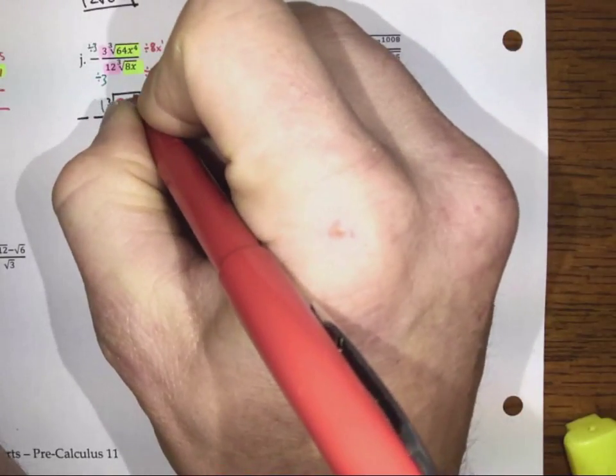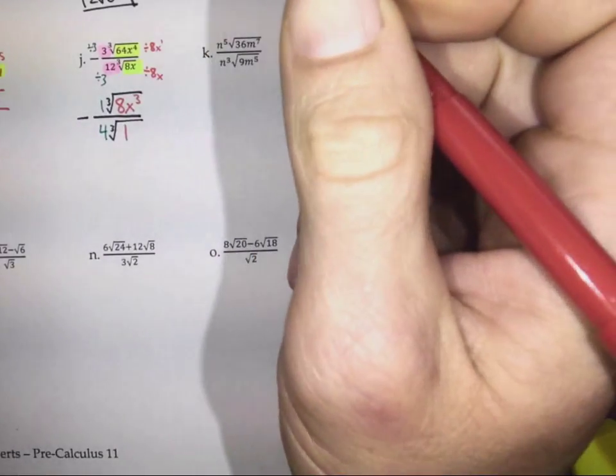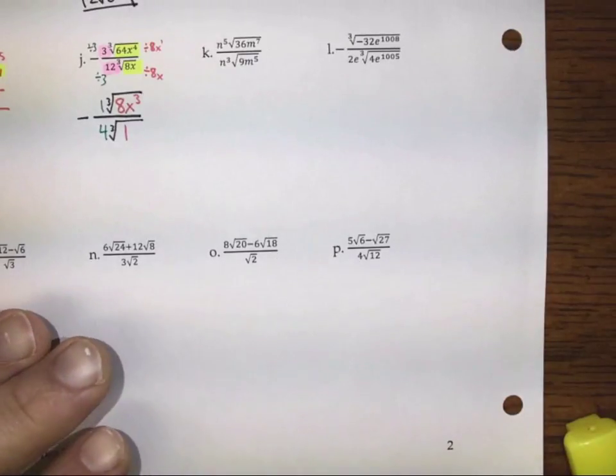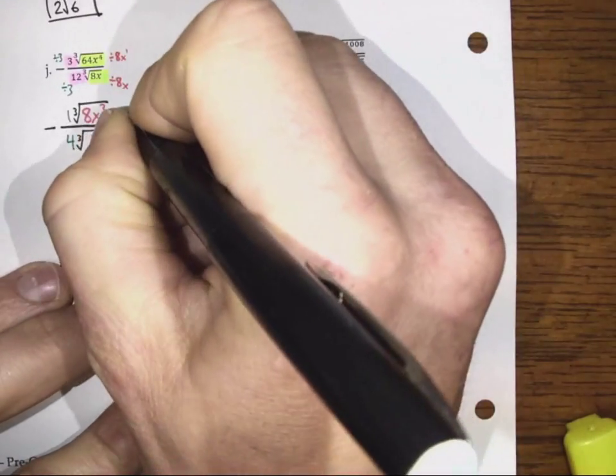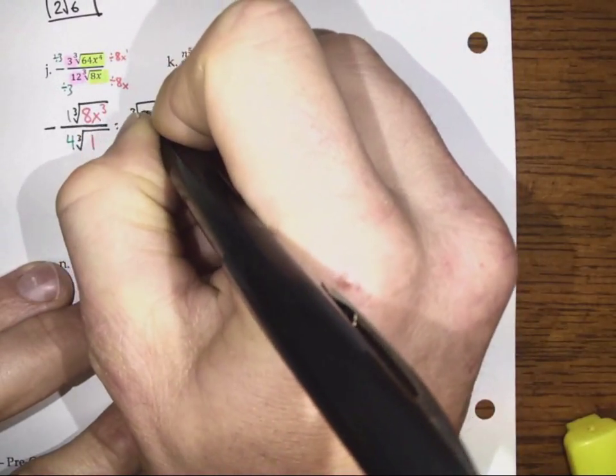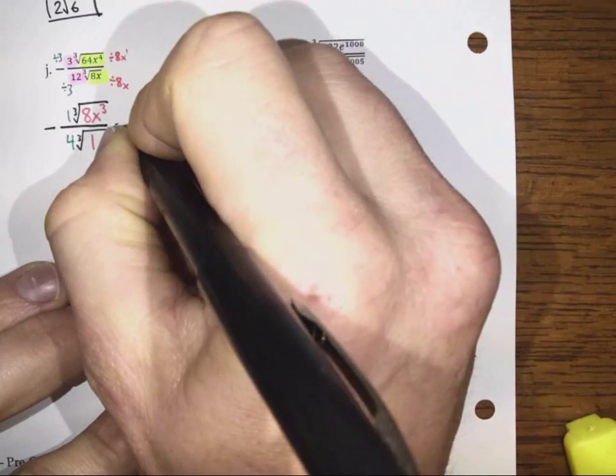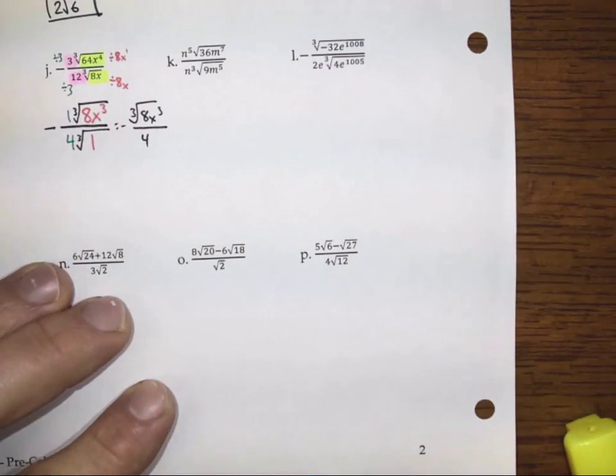So we're going to get 8x cubed. Okay, so I'm going to get rid of those ones here, because cube root of 1 is 1. So it's going to give me the cube root of 8x cubed, negative, over 4.